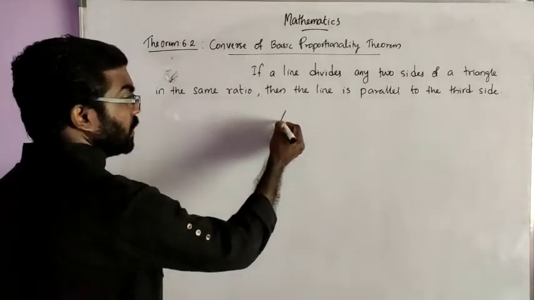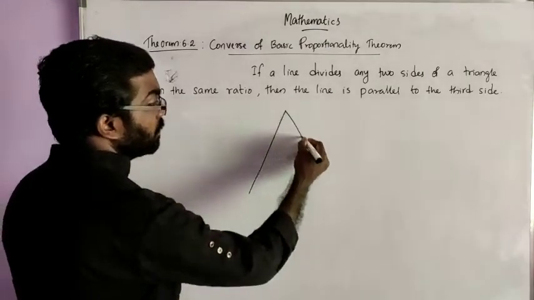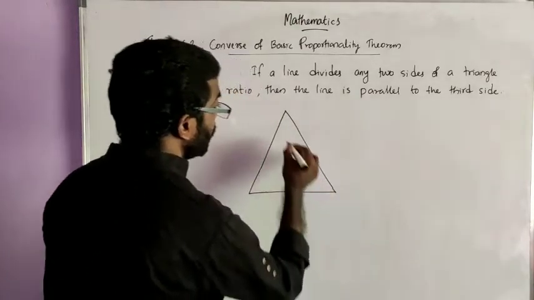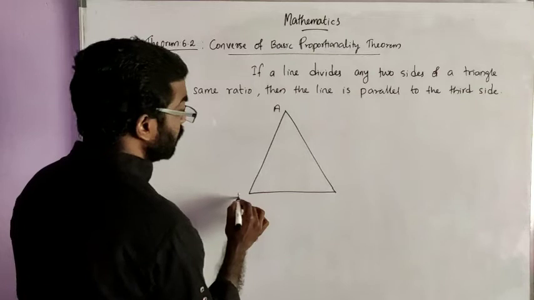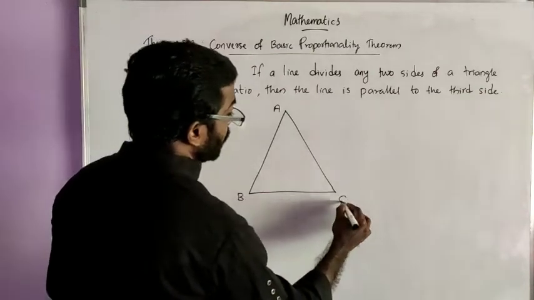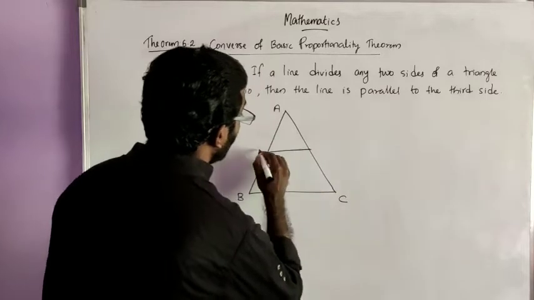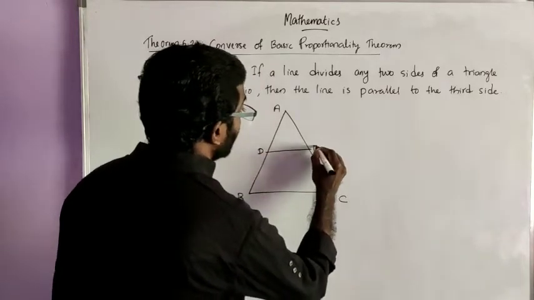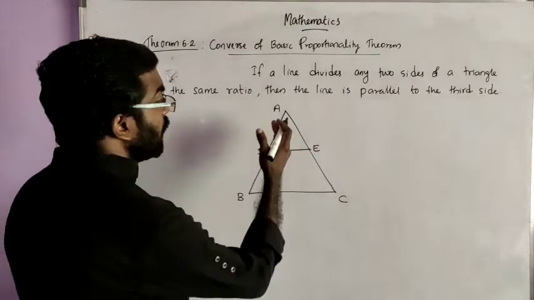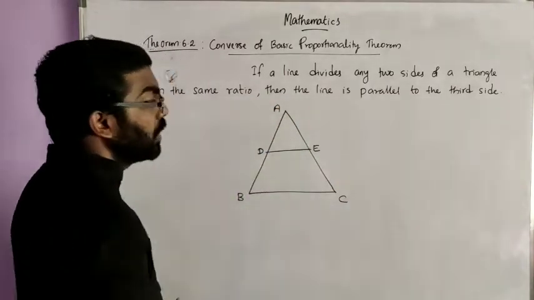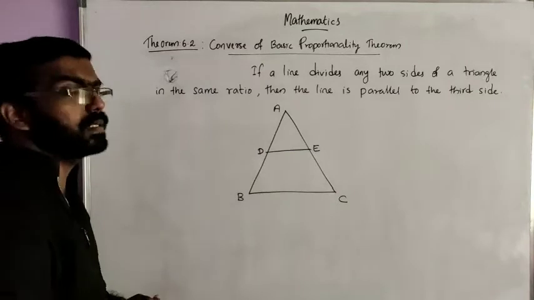Let us consider a triangle ABC, and a drawn line DE which intersects the other two sides AB and AC at distinct points and divides them in the same ratio.